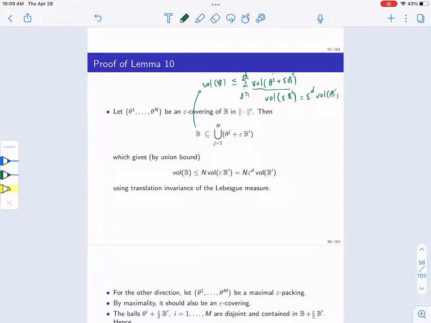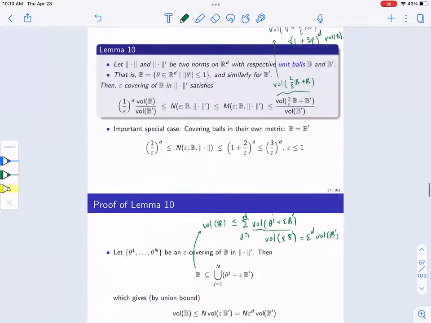There are n of them, and they're all the same, so you get n epsilon^D volume of B prime. So you get a lower bound: n is bigger than or equal to volume of B over epsilon^D volume of B prime. So for every covering, the number is lower bounded by this. The minimum cover has to also satisfy this. So this gives you the lower bound.